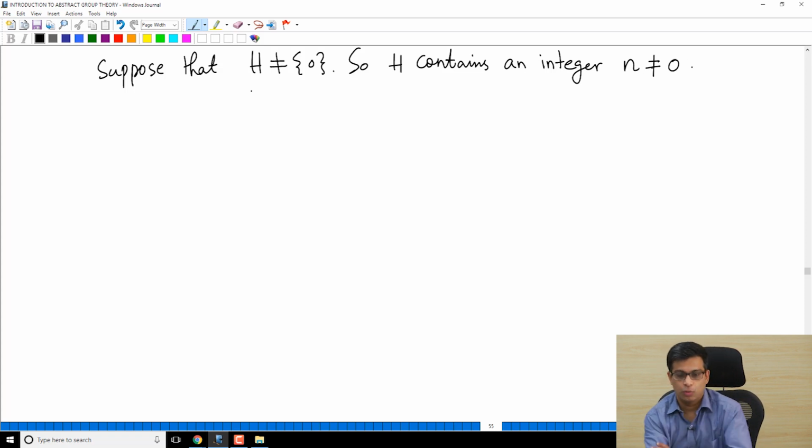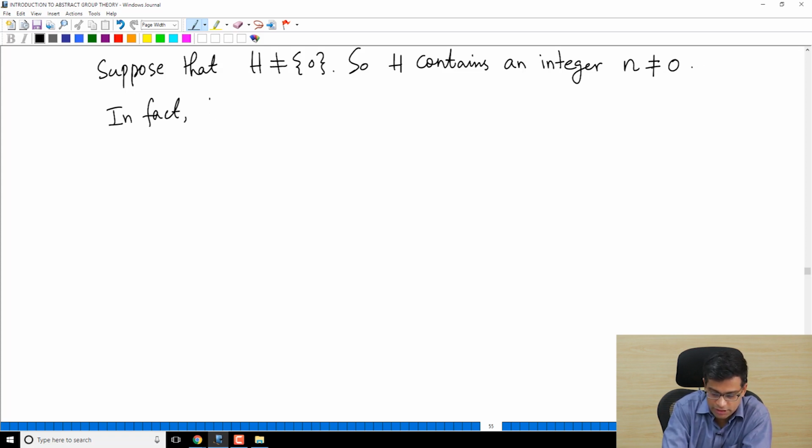Because H is a subgroup of Z and it is not just the single element 0, that means it contains a non-zero integer. I claim that in fact, H contains a positive integer.